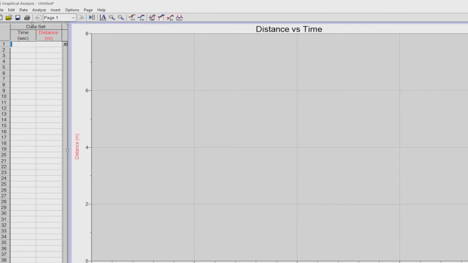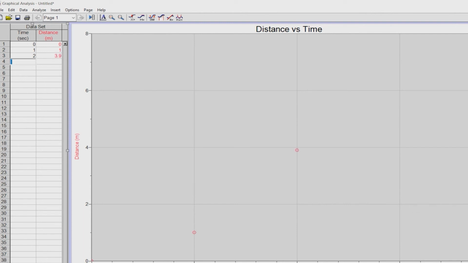So let's start out with 0, 0 again, 0 distance, 0 time. And the first time will be 1 second, and the distance can be 1 meter also, or one unit, whatever. The second time would be 2 seconds, and then the distance traveled would be the square of that, which would be, well, let's say not quite 4, maybe 3.9 or something like that.